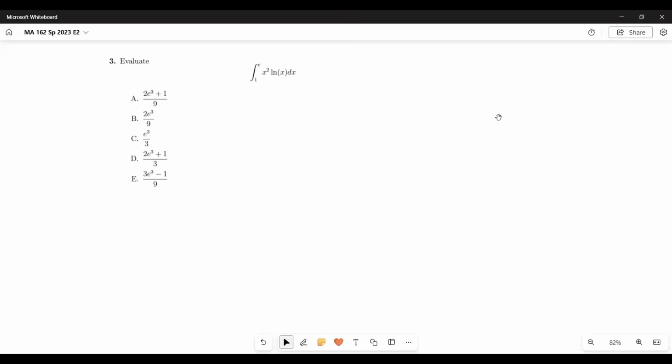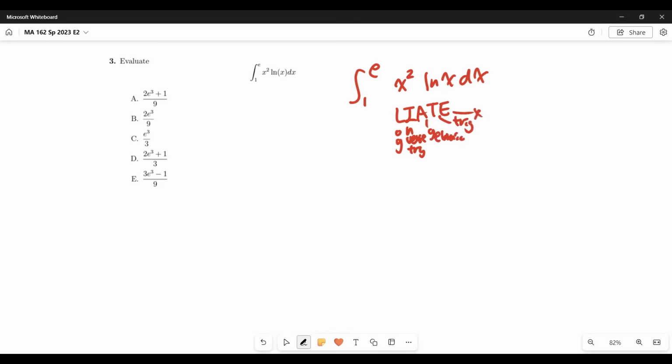Okay, so this question asks to evaluate the integral from 1 to e of x squared ln x dx. And if you see ln x and x squared, we know that we have to use integration by parts. So you write logarithmic, inverse trig, algebraic, trig, and exponential.